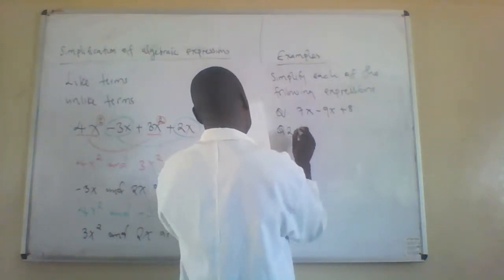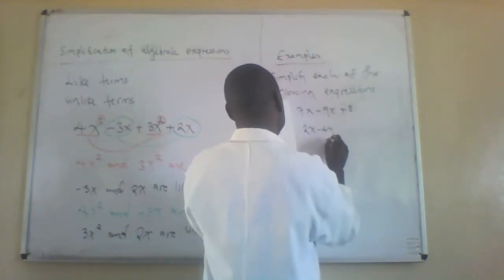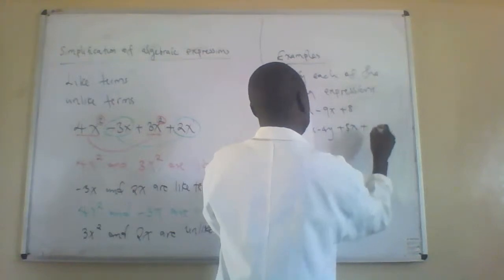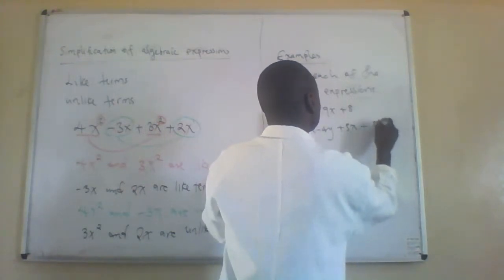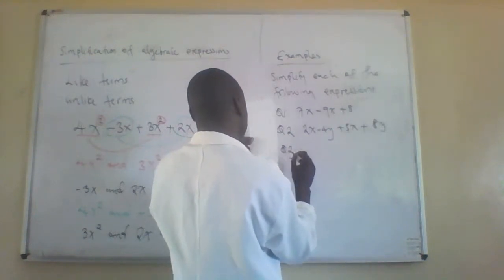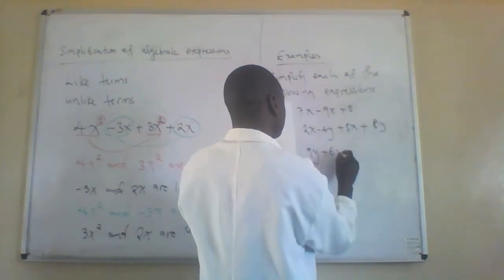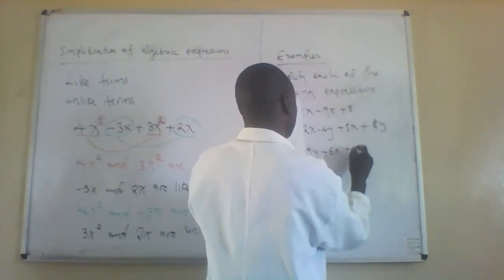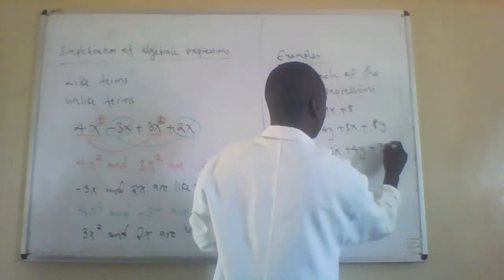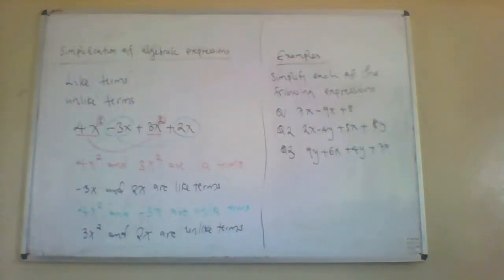Question 2: the expression is 2x minus 4y plus 5x plus 8y. Then the third and last expression is 9y plus 6x plus 4y plus 7x. So these are the expressions that are given before us.